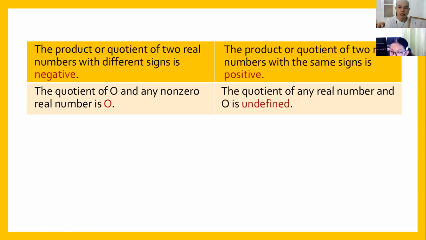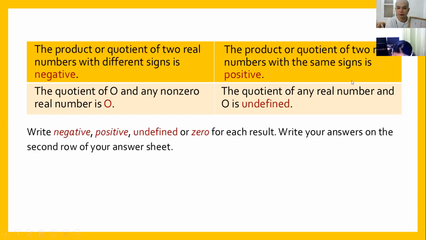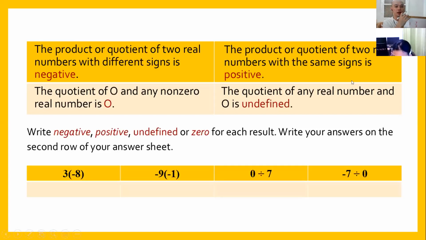Okay, let's see here. The instruction says, write negative, positive, undefined, or 0 for each result. Write your answers on the second row of your answer sheet.